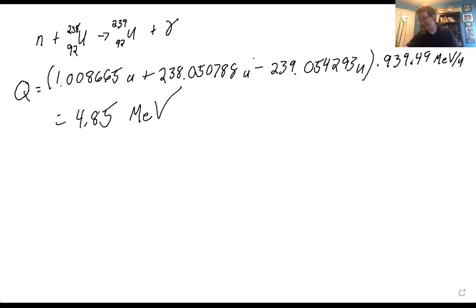And so the question is, is that enough to produce a gamma ray? To answer that, I have to go back and find out what the gamma ray's typical energy is. I've got that written down somewhere.